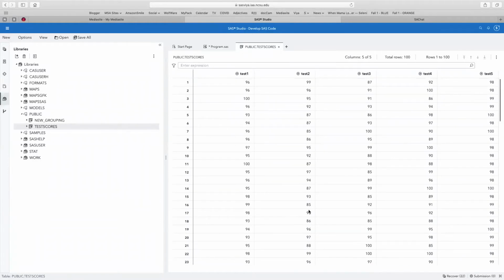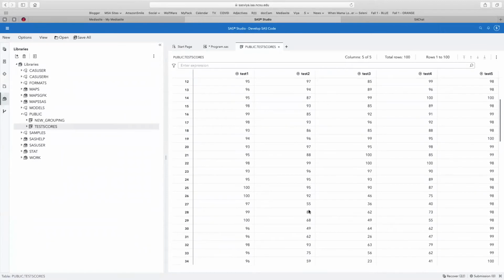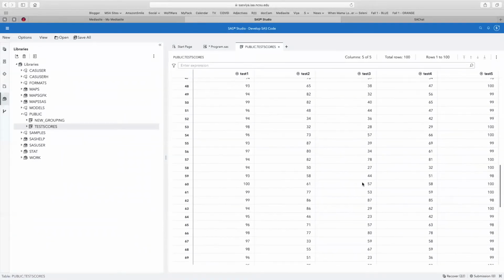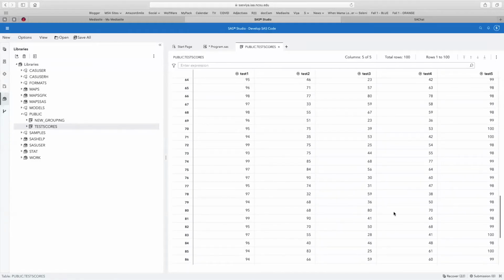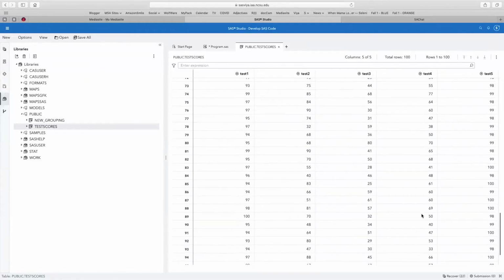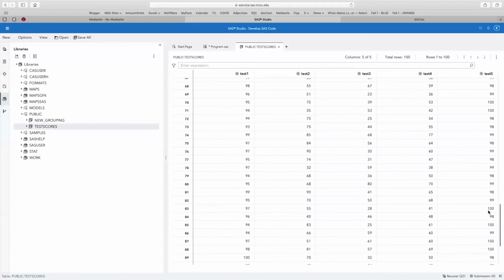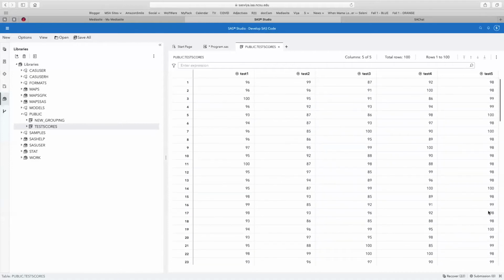Test 2, on the other hand, well, there are some problems. Test 3, same thing, there are some issues. Test 4, also some pretty big issues. Test 5, looks like maybe that test, all you had to do was spell your name right, and you got a 98.